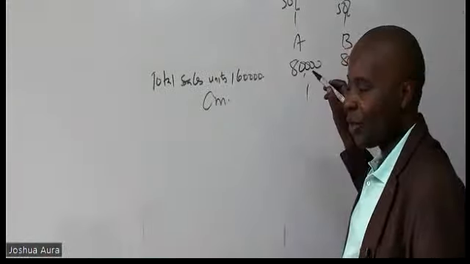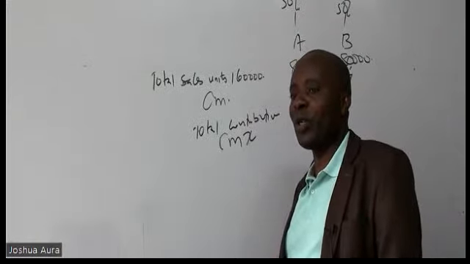Right? So could you kindly give me the total contribution? Total contribution is CM times number of units. You are taking the contribution margin times number of units. So here it comes to 80,000. How about this and this? Can somebody give me this times this? 80,000 times 7 gives me 500 and who?